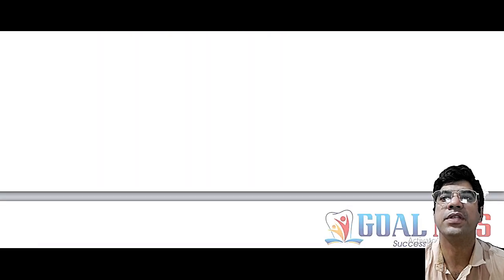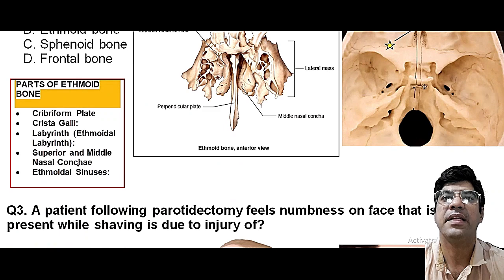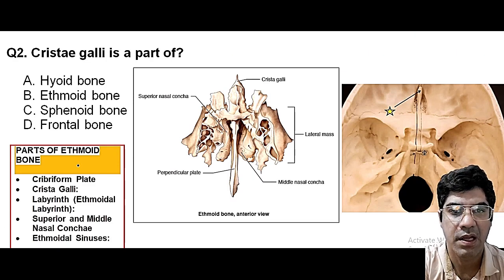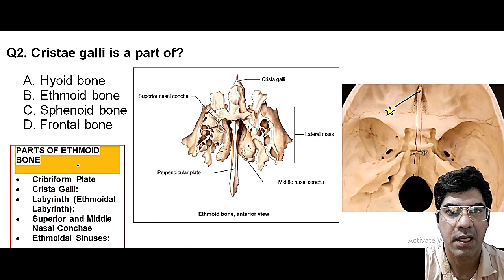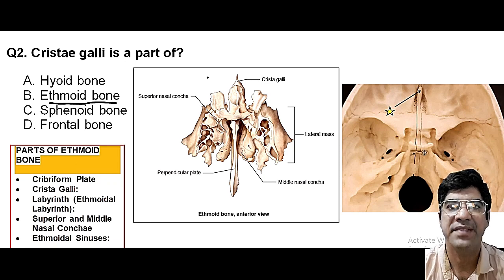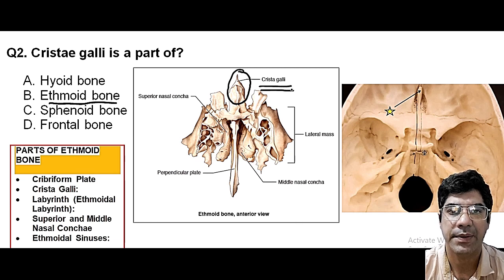Moving to the next question. The crista galli is a part of... Well, the crista galli is present on the ethmoid bone. So what is crista galli? This part of the ethmoid bone is the crista galli.